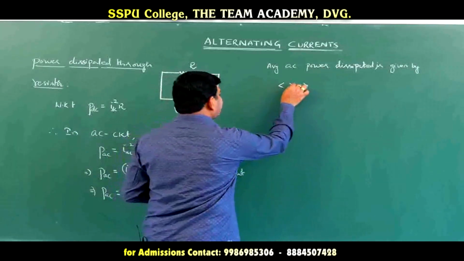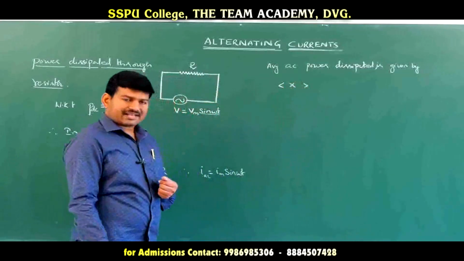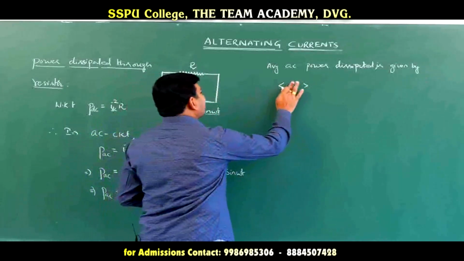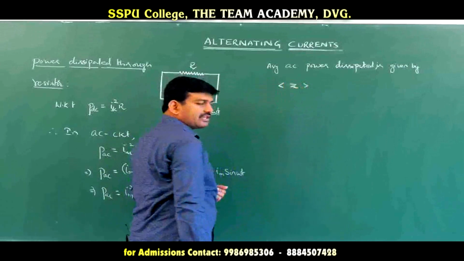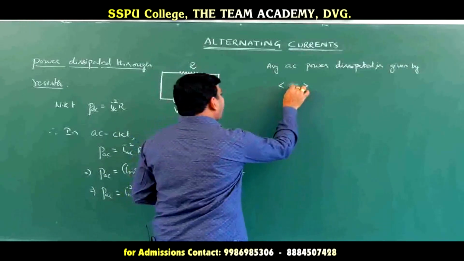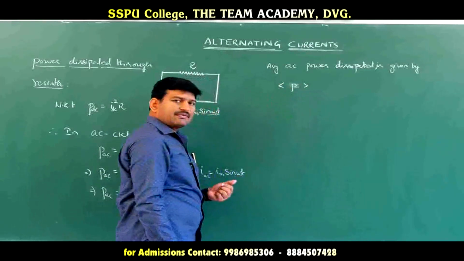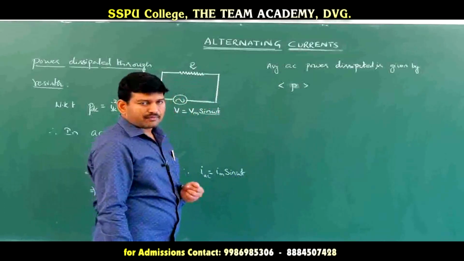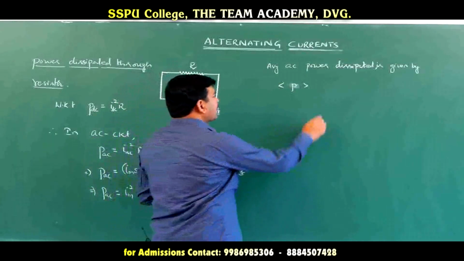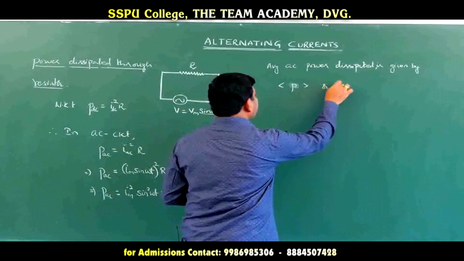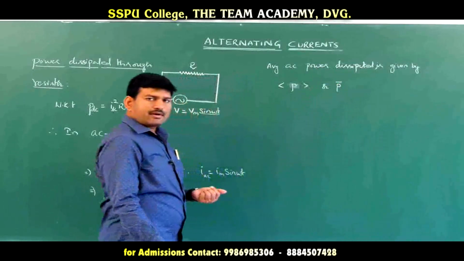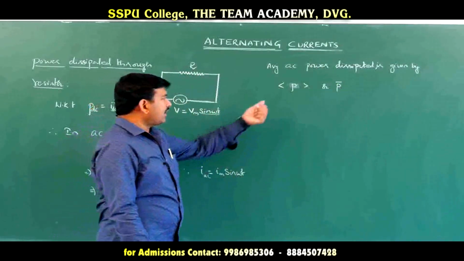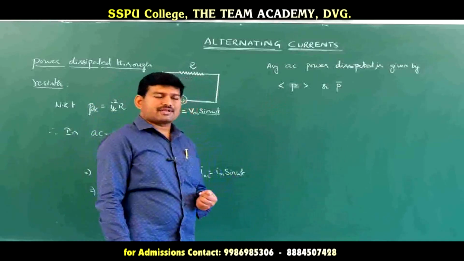If I write it around x, it is the average value of x; around z, the average value of z; around p, the average value of p. If p is power, then it represents the average power. In other cases, we can also represent the average value like this, p bar. P bar also represents the average value.